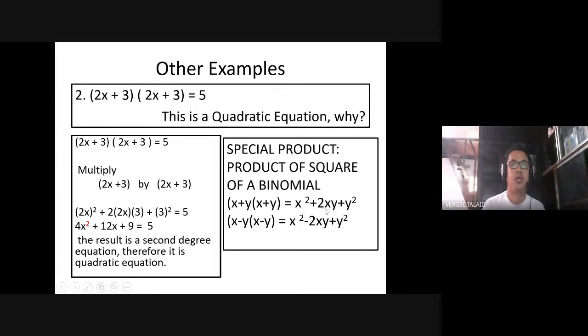To get the middle term, you multiply twice x and y, then plus the square of y. So what is the square of 2x? That is 4x squared. 2 times 2x times 3, that is 12x. And the square of 3 is 9. So still, the result is a second degree equation. Therefore, it is a quadratic equation.